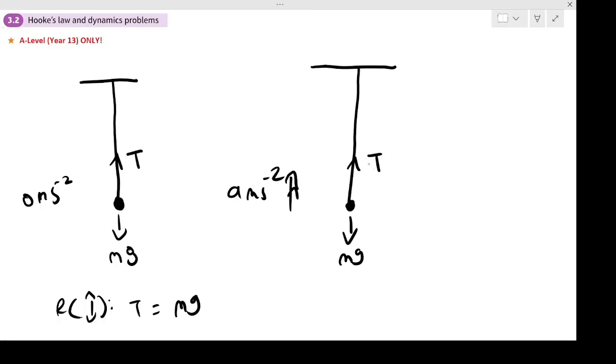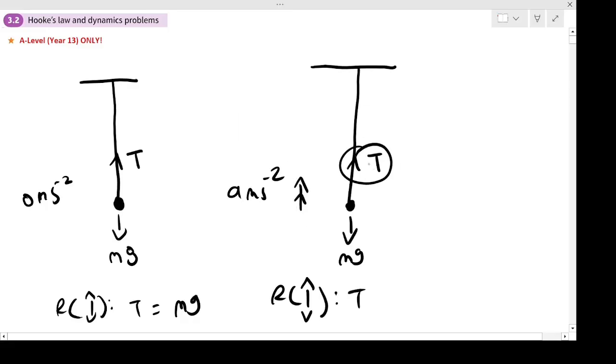Now when we resolve up and down, we have to handle this with a bit of care, because let's take acceleration to be the upwards direction. So the upwards force is T. I have to subtract the opposite downwards force, which is again mg, and instead of equaling 0, it's now going to equal ma.